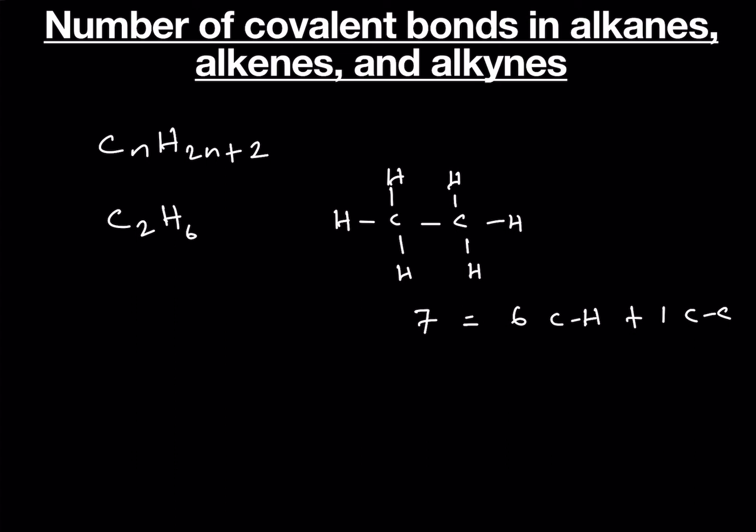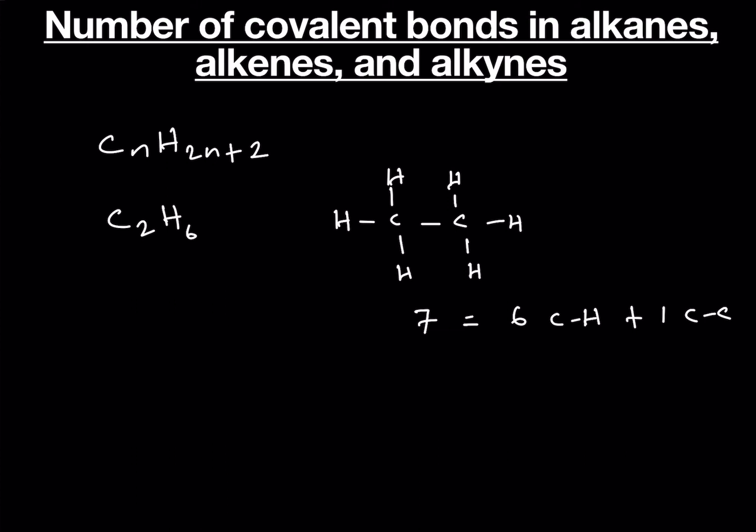So total 7. Now, based on the valency of carbon, is there a way to arrive at a general formula to calculate this? Before doing that, we first need to understand the concept of shared covalent bonds and unshared covalent bonds so that we can understand the general formula easily.